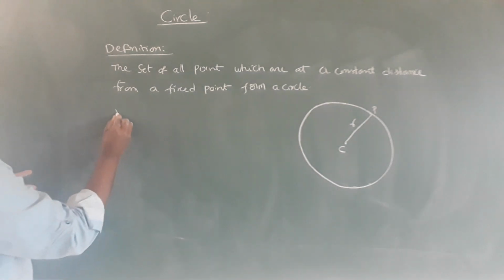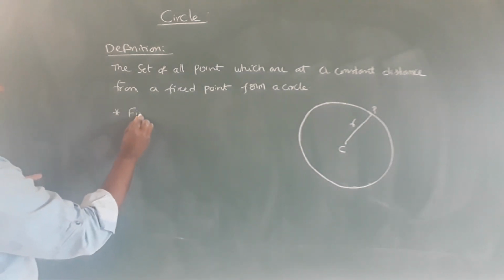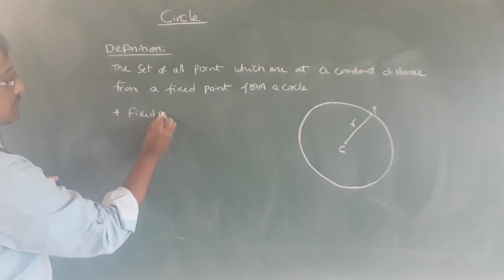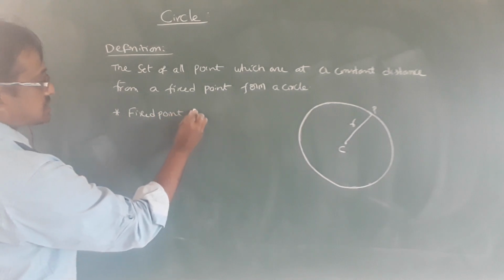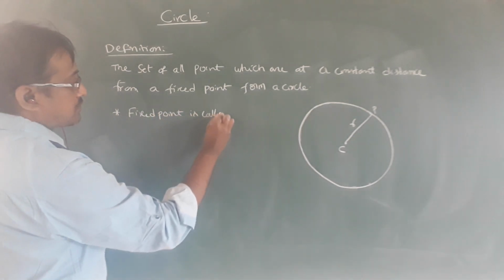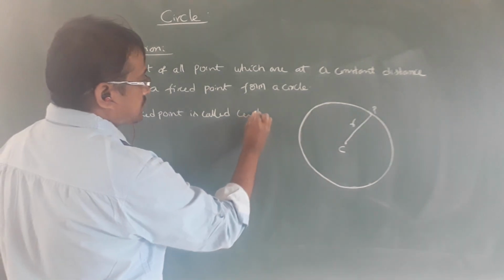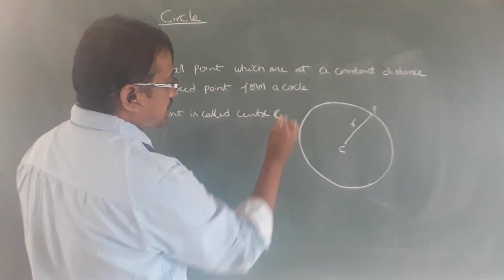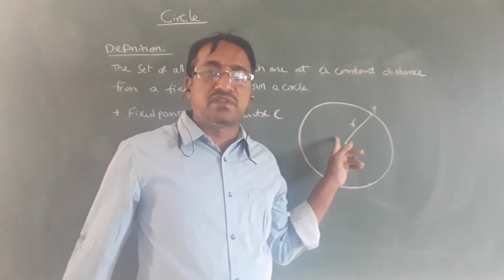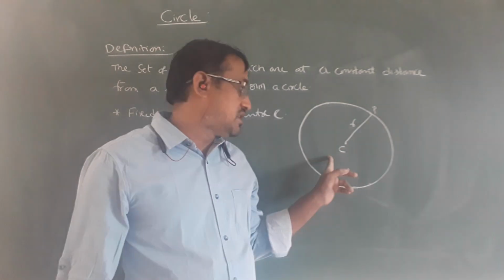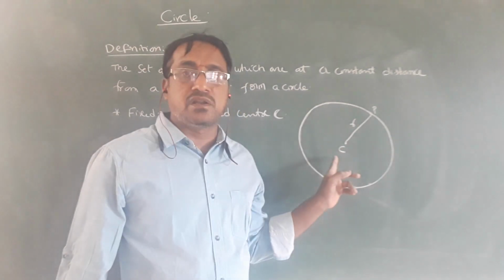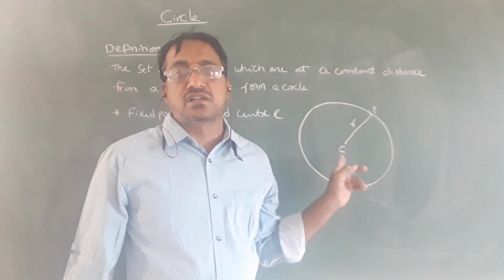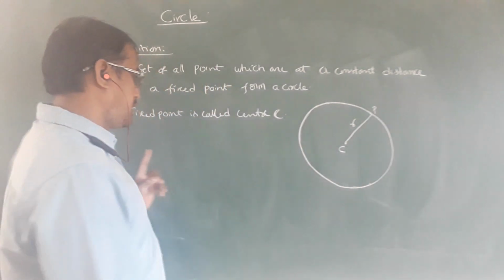Now the fixed point is called the center. That fixed point, denoted with C, is called the center of the circle.